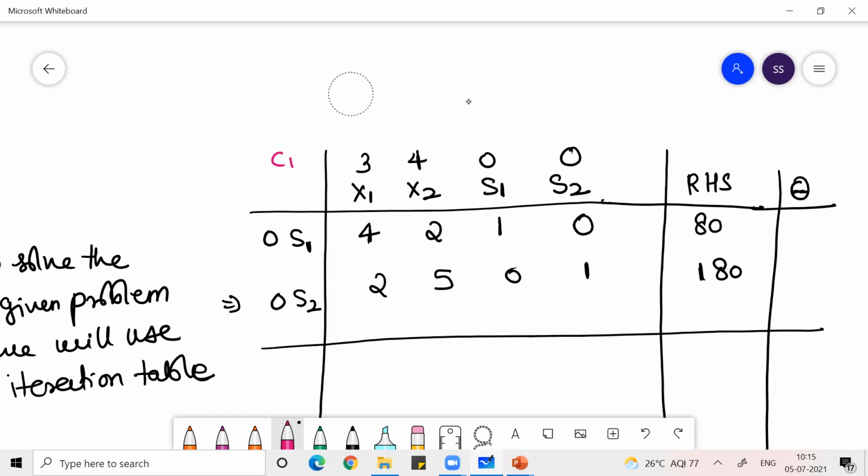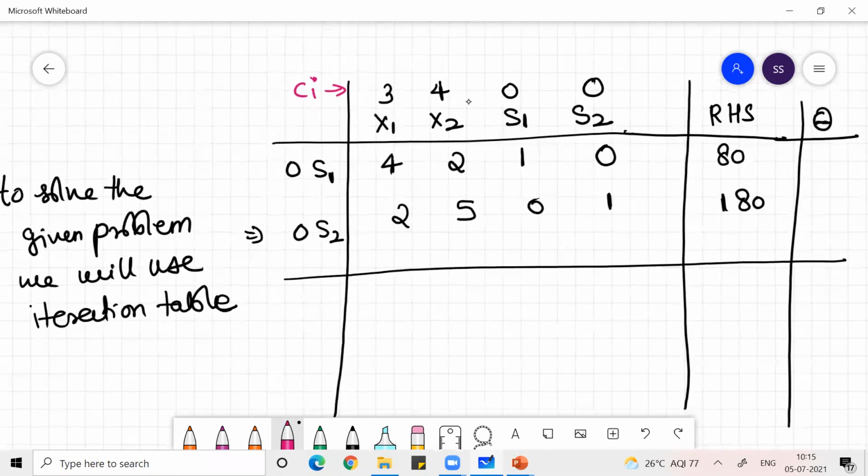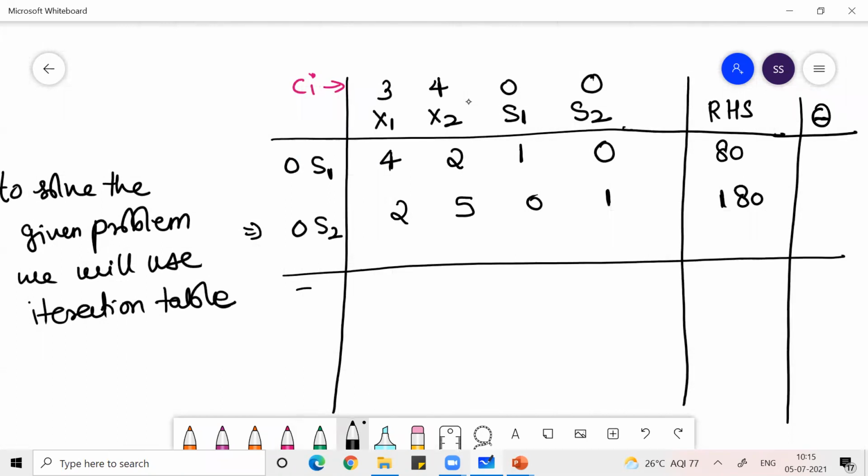These values we get, we'll call them CI. And then we'll find here ZI.